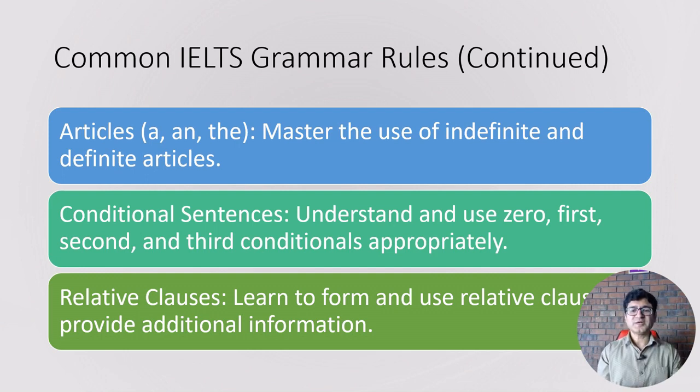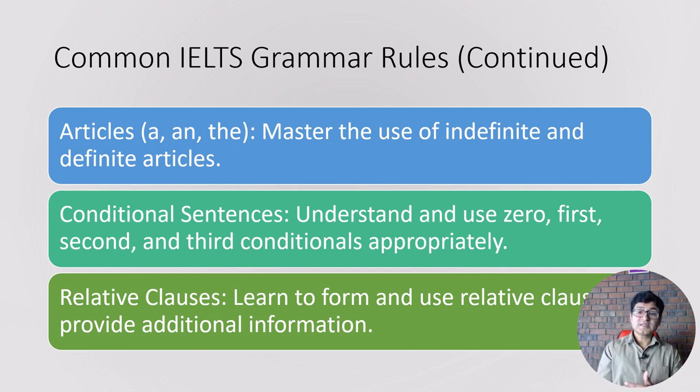We just talked about zero and first conditional, so we'll now talk about second conditional and third conditional. The second conditional is used for hypothetical situations in the present or future. For example, if I won $1 million, I would buy a house, right?